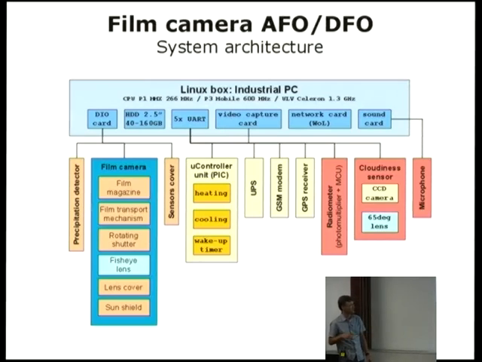The camera contains a couple of other sensors, both for the film and the digital as well. The camera starts exposure only if the sky is clear enough. And these film cameras also have a precipitation detector, which activates closing the covers.